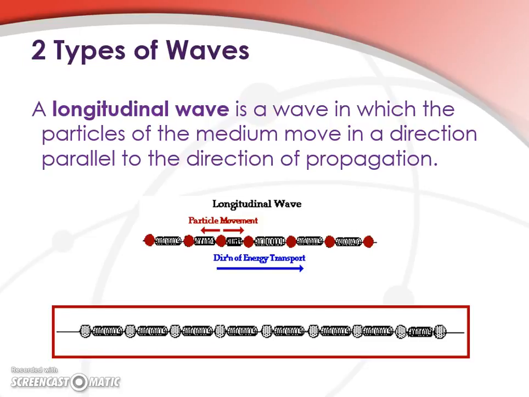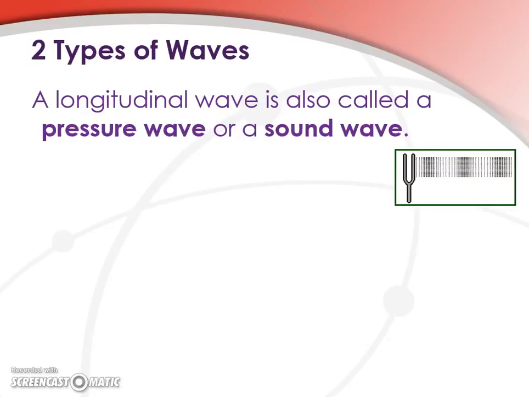Now what's interesting about this kind of wave is that even though we don't often think about longitudinal waves, these are the ones we most often interact with. And this is why. A longitudinal wave is also called a pressure wave or a sound wave. So sound waves are actually, in fact, longitudinal waves.